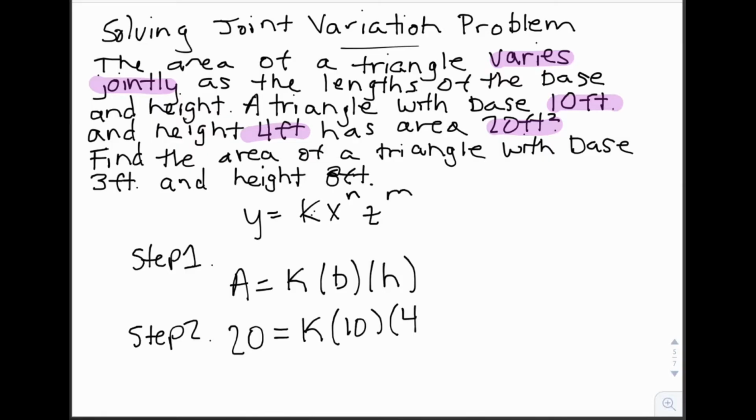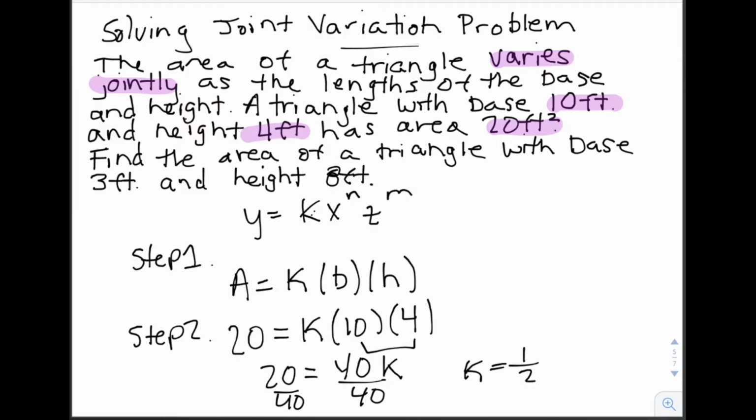So the 4 is going to be right there. Now, solving this for k, we can multiply the 10 times the 4, giving us 40. So that would give us 20 equal to 40k. Then just divide by 40. So that should get you a k equal to 1/2. Okay, and that actually makes some sense because we know that the area of a triangle is equal to 1/2 the base times the height.